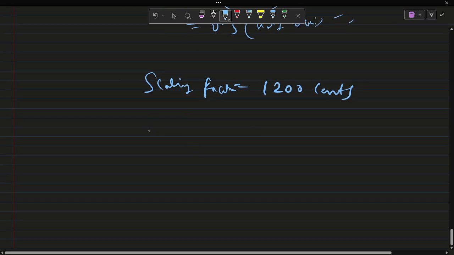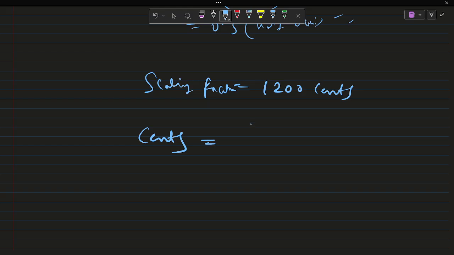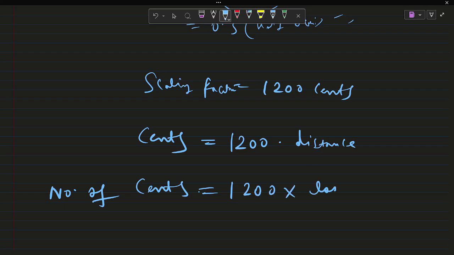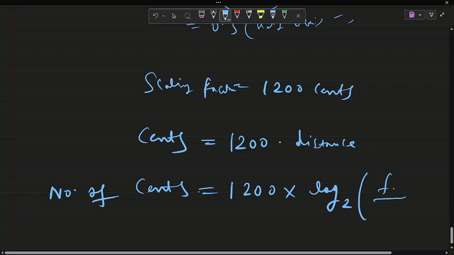So if we want to calculate the number of cents between two frequencies, that should be 1200 times the raw distance you calculated. So the number of cents will be equal to 1200 into log base 2 fz by fy.